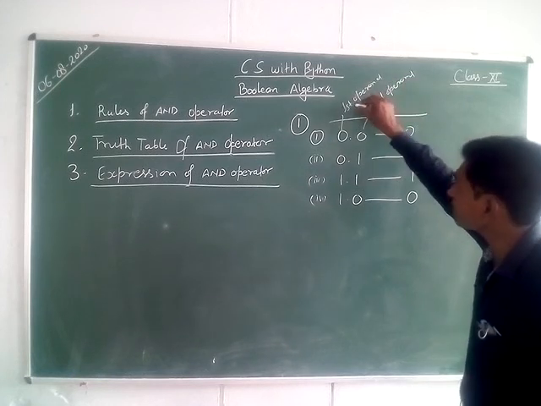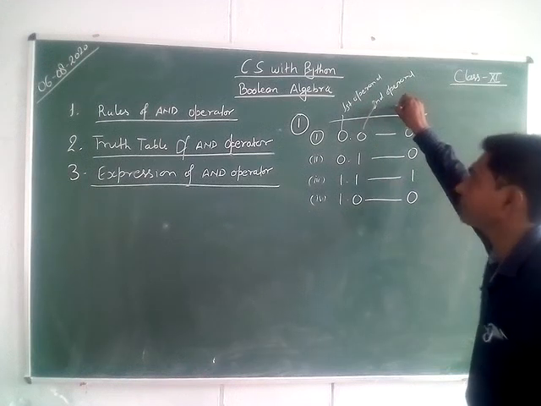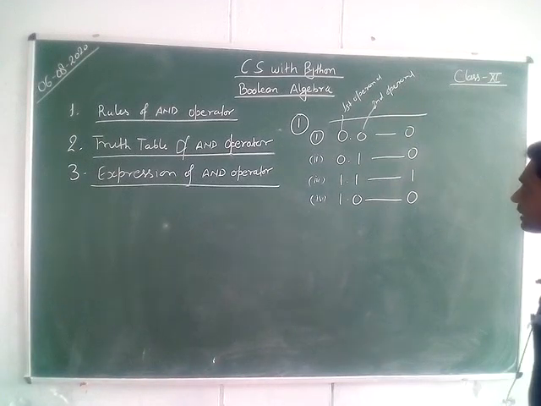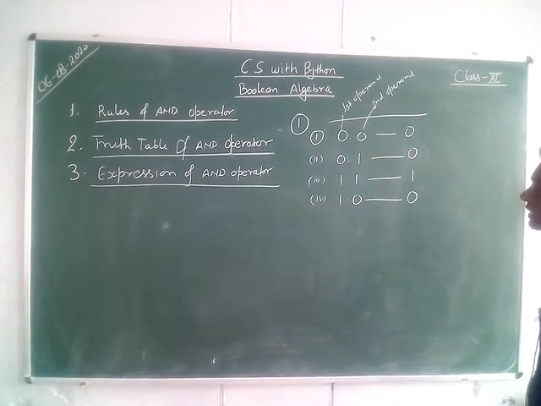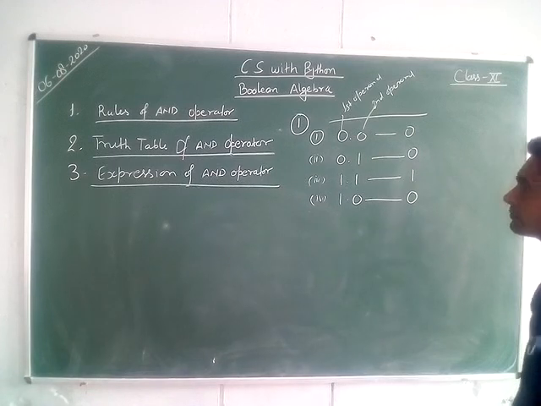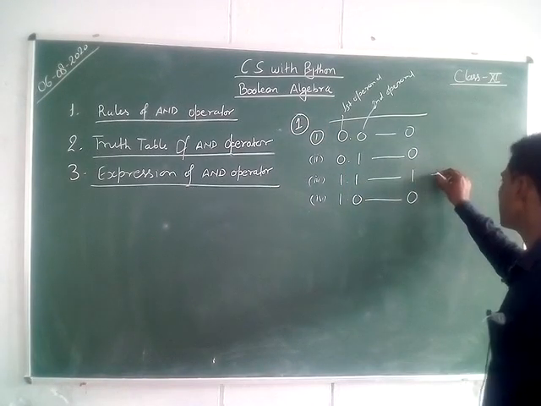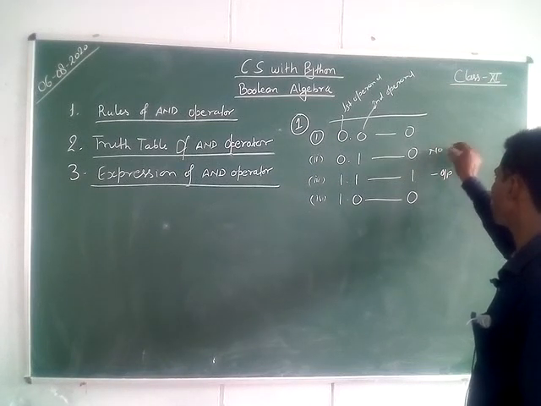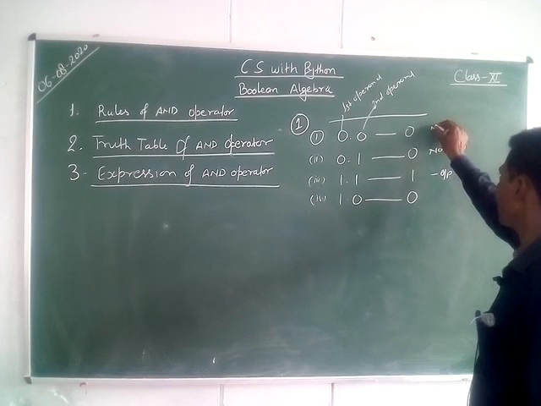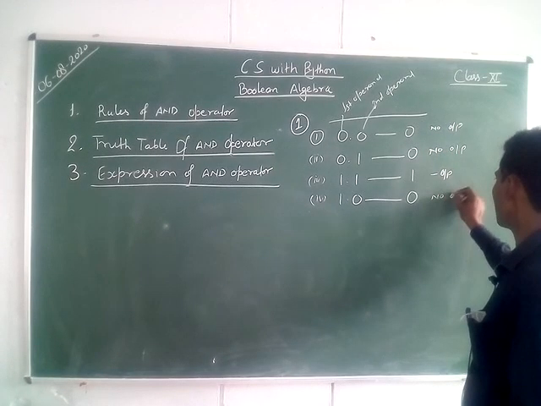It means first number and second number. In the case of AND operator, the result will be 1 if both operands are 1, otherwise it gives result 0, meaning no output. Here there is some output, and in the other cases there is no output.